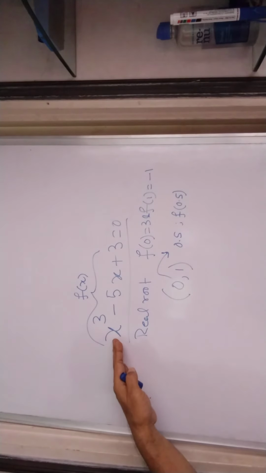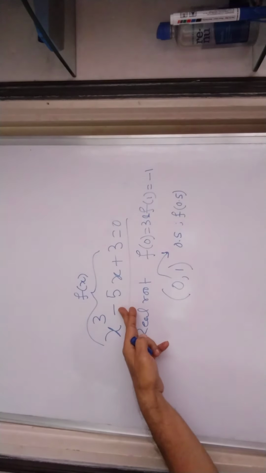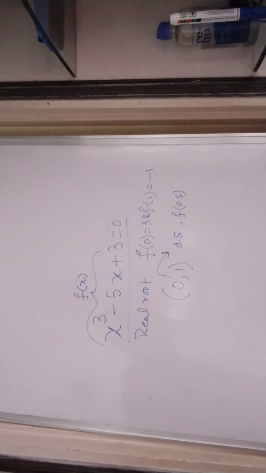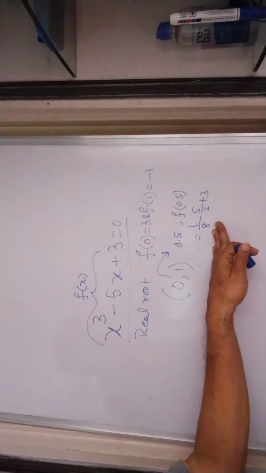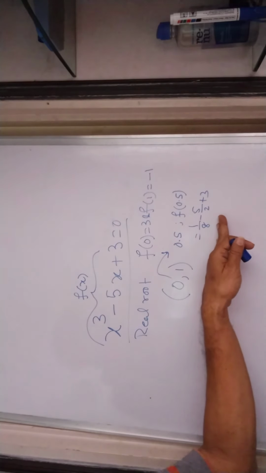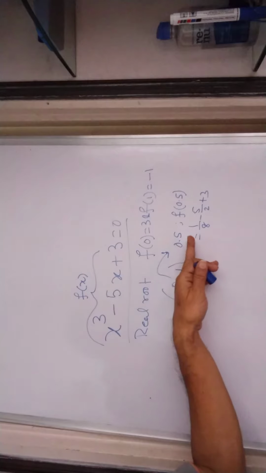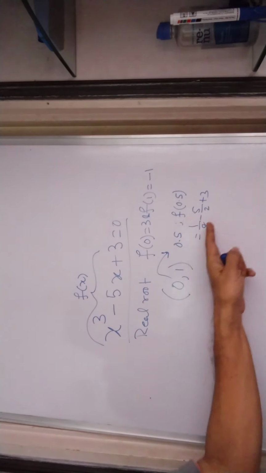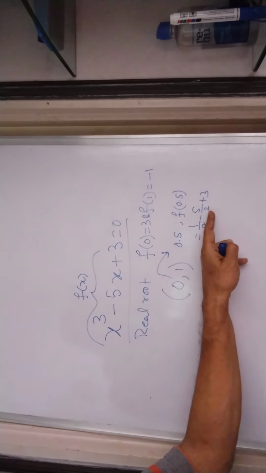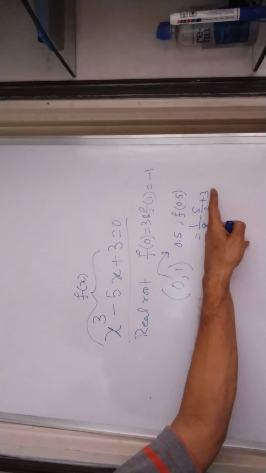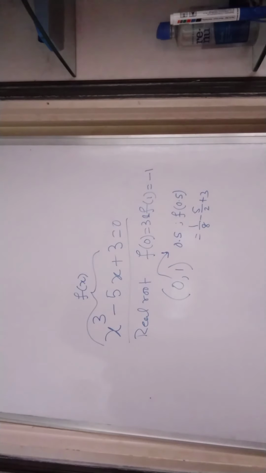If we put half here, it becomes 1 by 8 minus 5 by 2 plus 3. And if we roughly calculate it, the denominator is 8 and in the numerator we have 1 minus 20 plus 24.